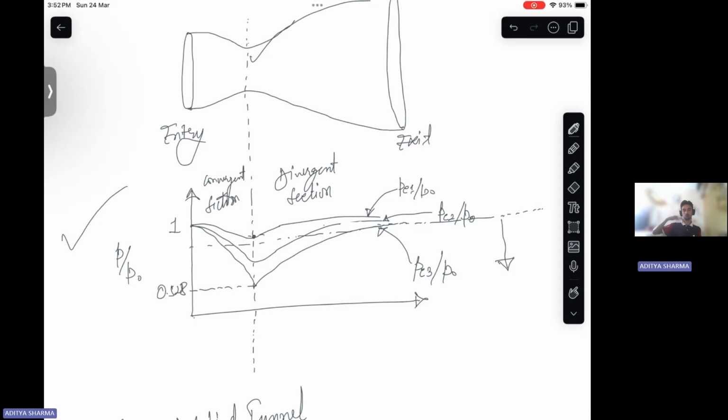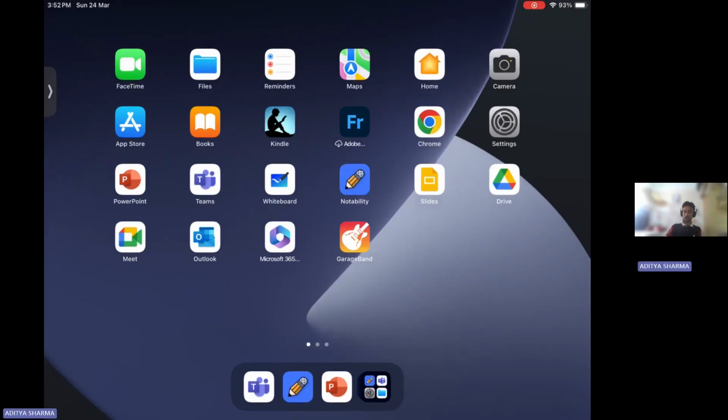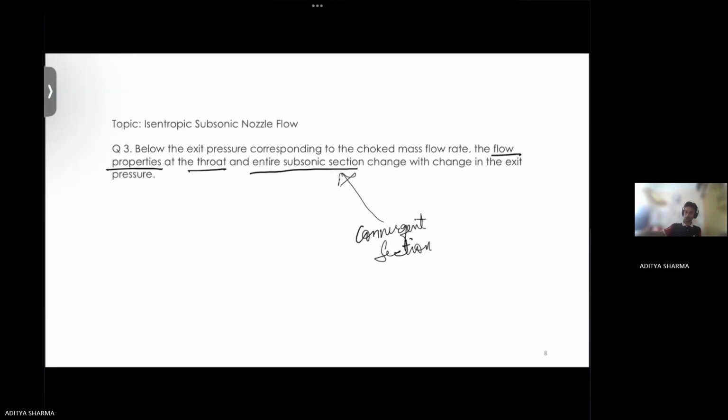If you are somewhere below this P3 level and you change this exit pressure, what will happen to the properties of the flow in the subsonic section and at the throat?